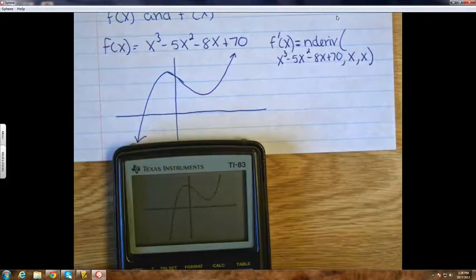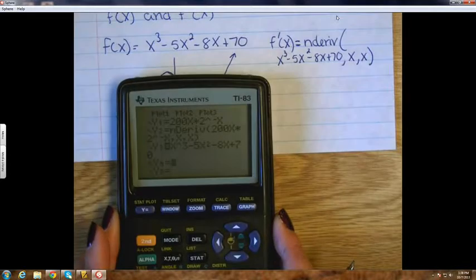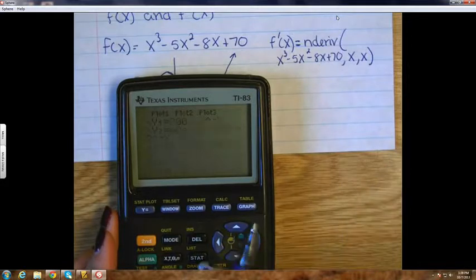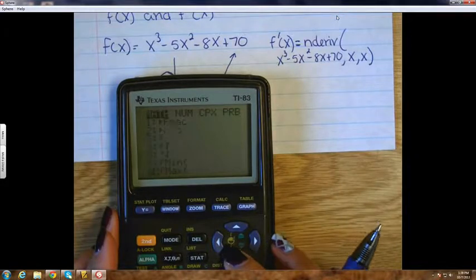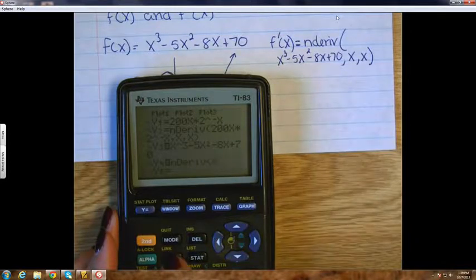So we'll go to y equals, come down to another equation. I want the derivative of my function, so I'm going to go to math, get that nderiv. I have to tell it the equation, x cubed minus 5x squared minus 8x plus 70, comma, x comes next, comma, and because I want it to do all of the x's, I'm going to feed it x again, not just a single number.